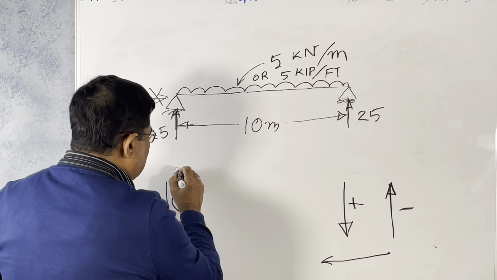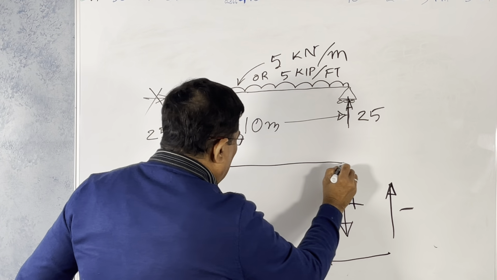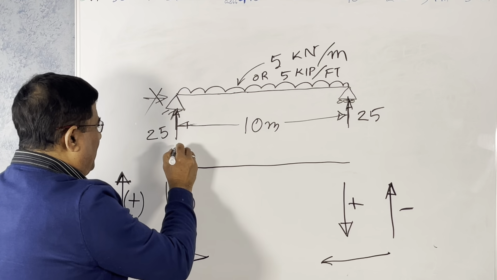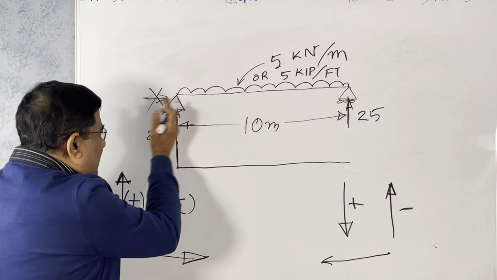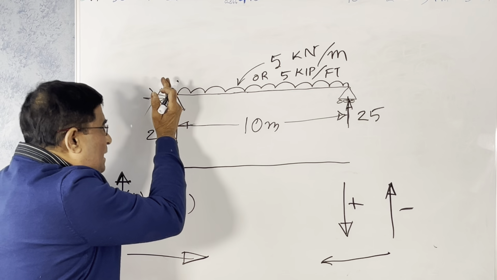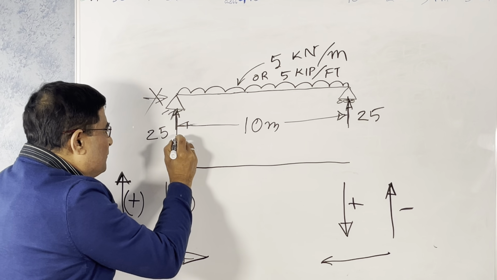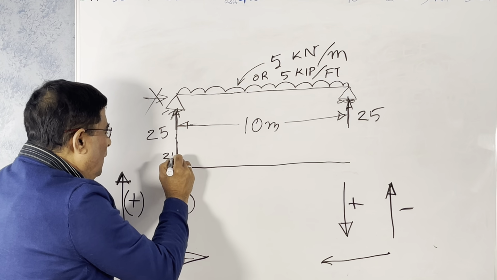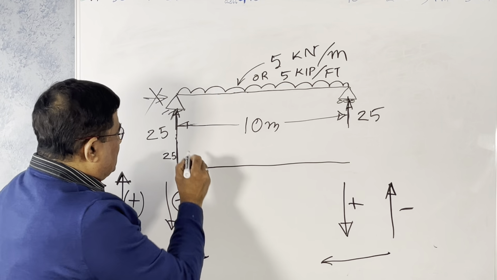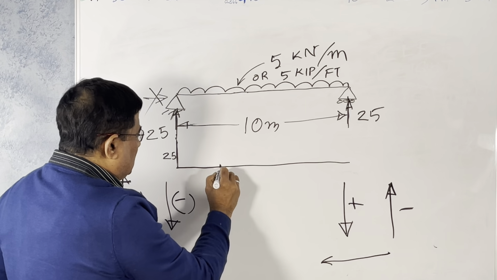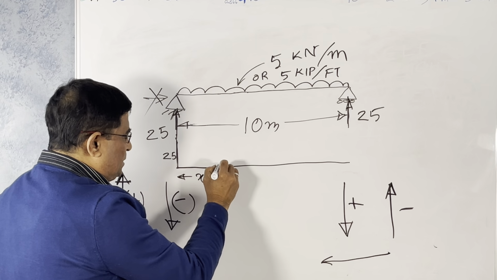Okay. So let us draw it. This is your baseline. Now, just left of that point, there is nothing. Just at that point, it is 25. So at a distance, say x, what is the shear force here?